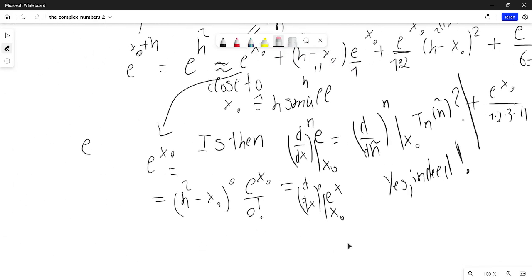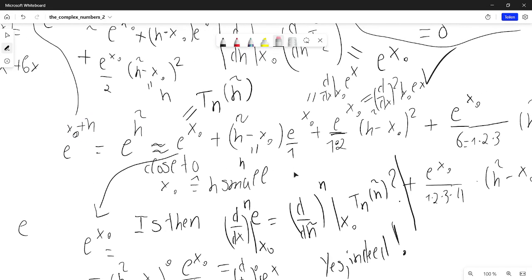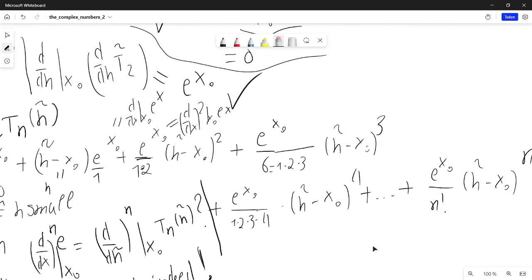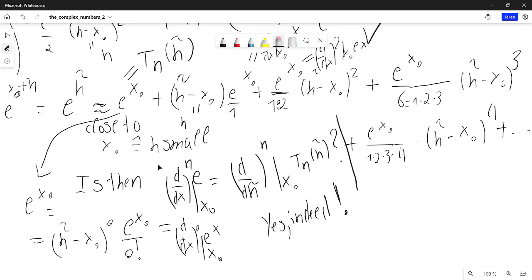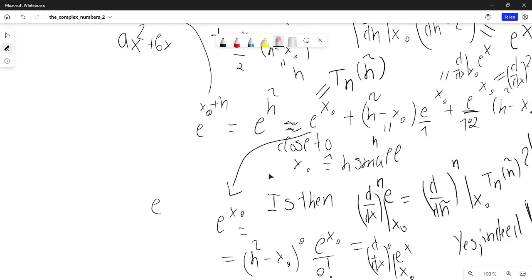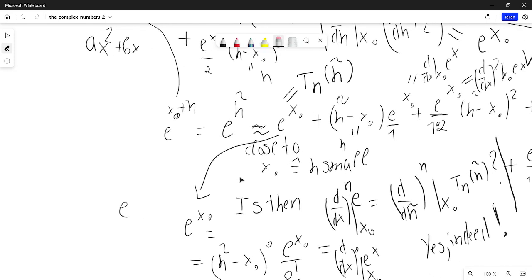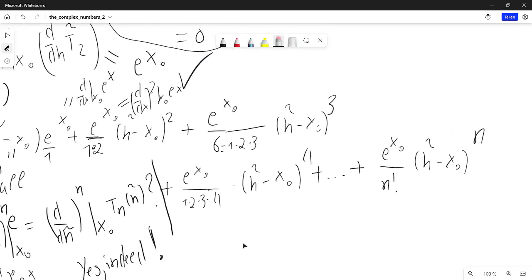The thing is, if we take x0 equal to 0, then for very small values of h, we have a decent approximation here around 0, right? Alright. But now, that would be just e to the power of small h, we would approximate it like that. Right?